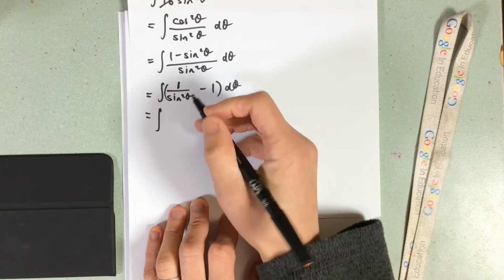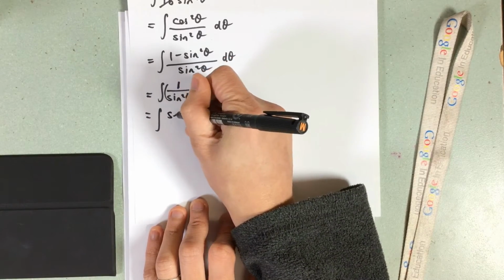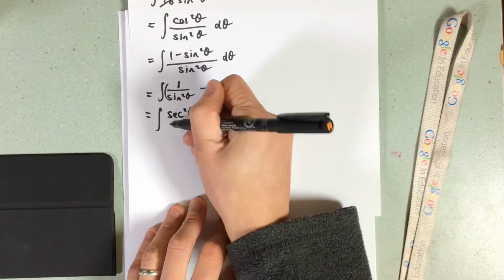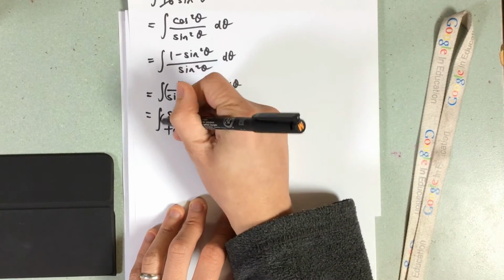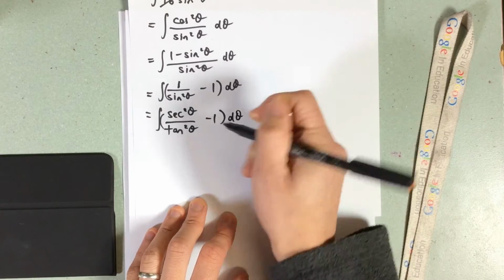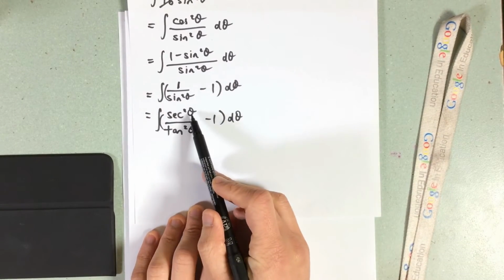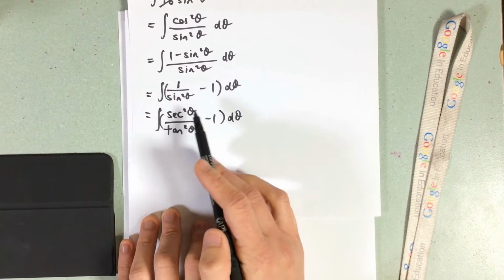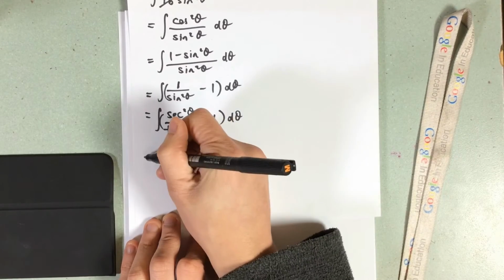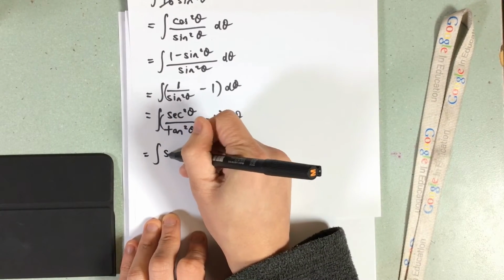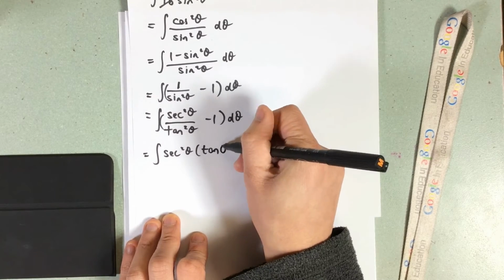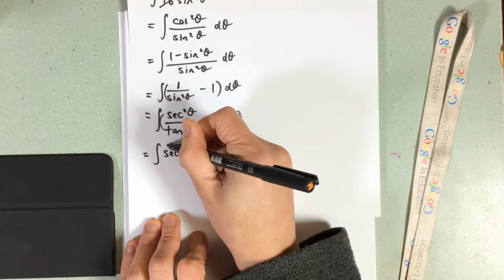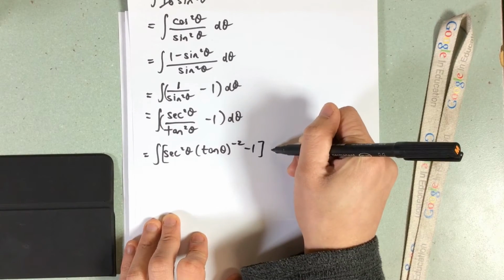The reason why that would be useful is it turns the top into sec squared, and it turns the bottom into tan squared. Okay. Now this is nice because sec squared is the derivative of tan, so this fits into a reverse chain rule, and this is really sec squared times tan to the power of -2, and then of course we have our -1 there.